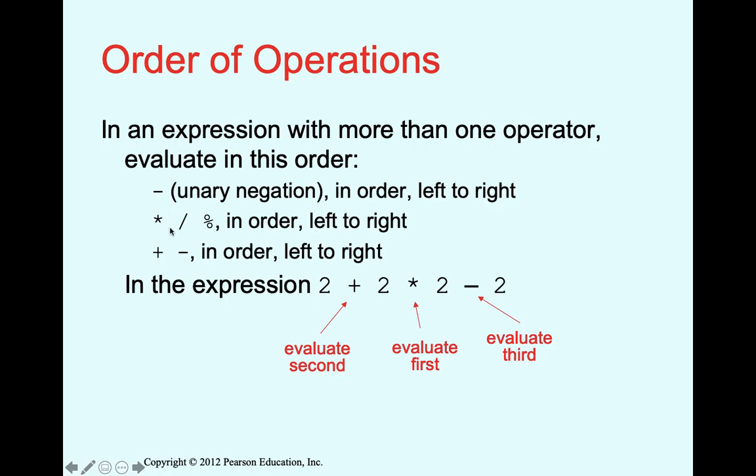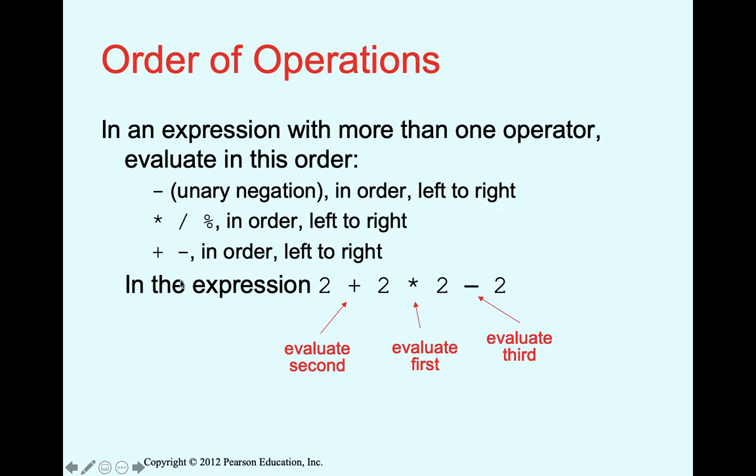The second most important operations are multiplication, division, and modulus. They have the same priority. Then with less priority, we have plus and minus. So the unary is first, then this, and then this.